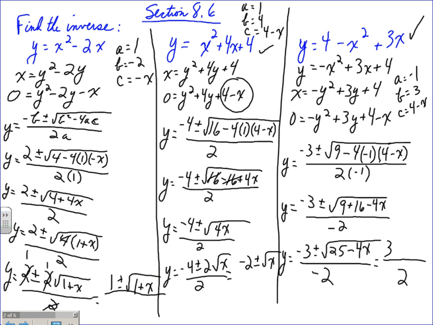Now I got plus or minus. Divide both of those by a negative. What do you think I'm going to get? Plus or minus still. So it's not going to change anything there. And square root of 25 minus 4x. Okay, a little bit involved. But this is the inverse. Find the inverse. That's the inverse. Switch the x and y. Swap for y.